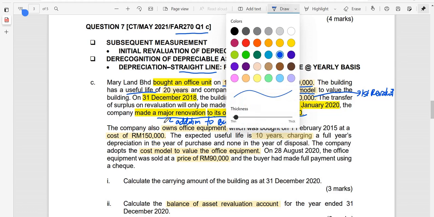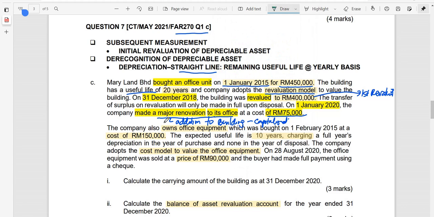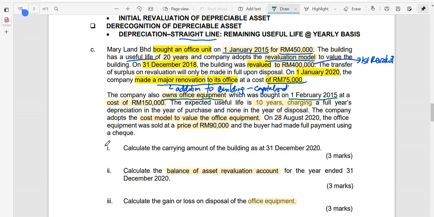The second one is regarding another asset, office equipment, that was bought on 1st February 2015. Bear in mind that the company has a useful life, even though not clearly mentioned, but if you look at the year end given in the question at the bottom there, you would see that the year end was 31st of December.